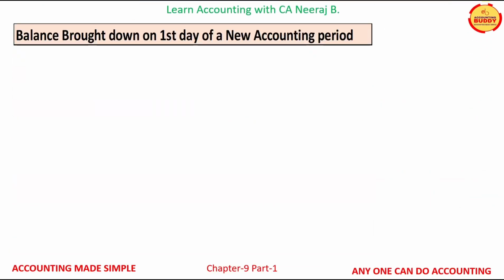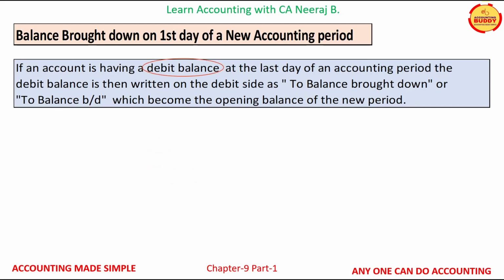Let us now understand the treatment of the opening balance on the first day of a new accounting period. If an account is having a debit balance at the last day of the accounting period, the debit balance is then written on the first day of the new accounting year on the debit side of the ledger account as to balance brought down or to balance b/d, which becomes the opening balance of the new accounting period.